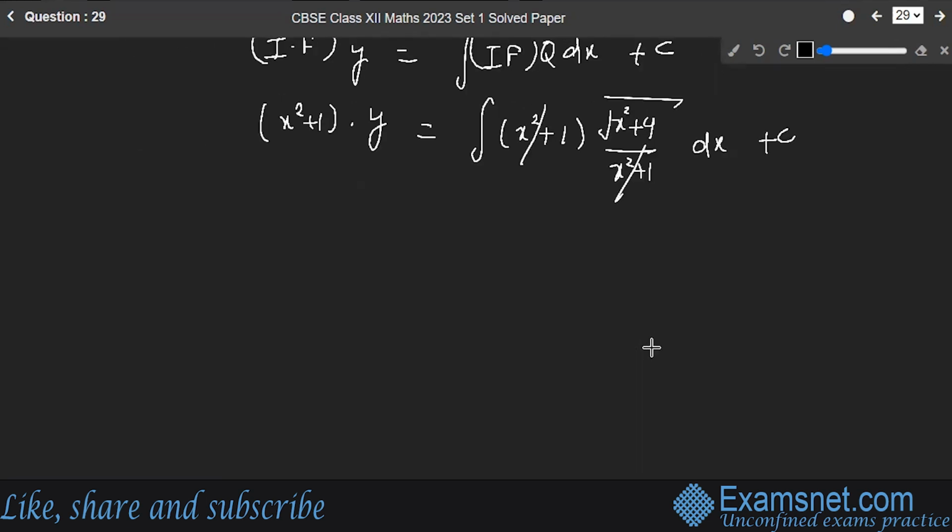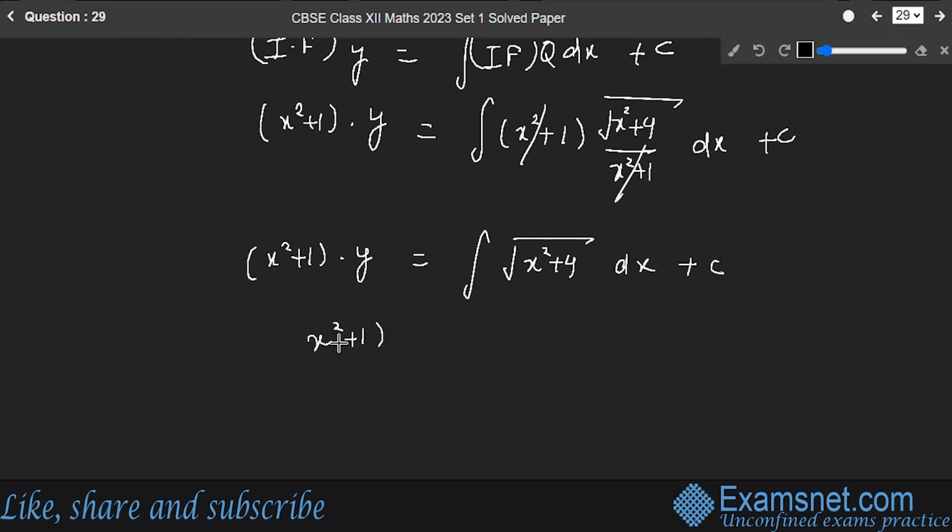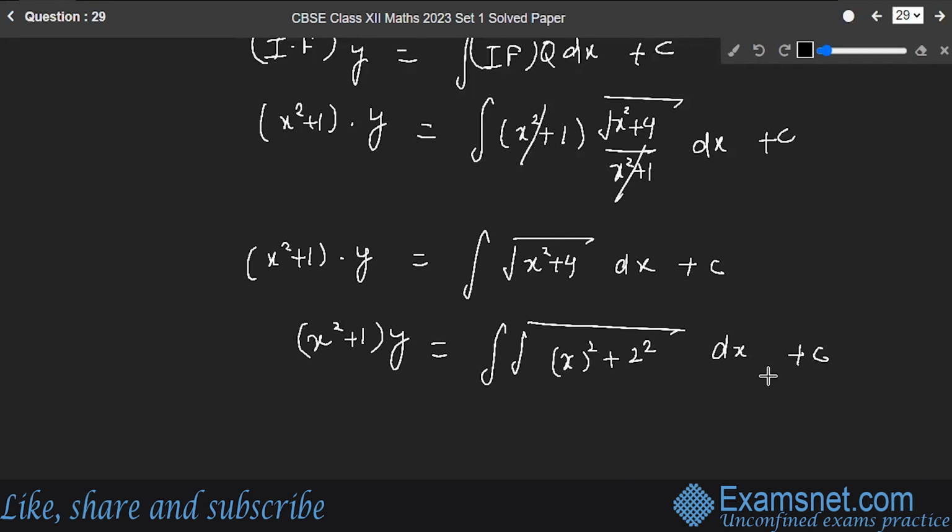They will cancel and you have x squared plus 1 into y is integral of root of x squared plus 4 dx plus c, or x squared plus 1 y is equal to integral of, this can be written as, x squared plus 2 squared dx plus c.